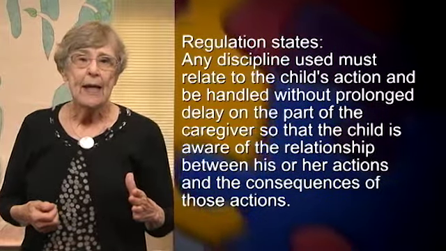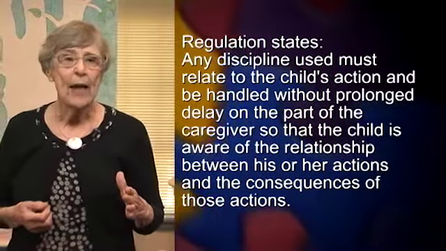So let's say that a child runs into the road and is hit by a car. That is a natural consequence. However, we don't allow that to happen. A child runs into the road, we interfere, and we institute what we call a logical consequence. And let's think of what some logical consequences might be for running into the road.